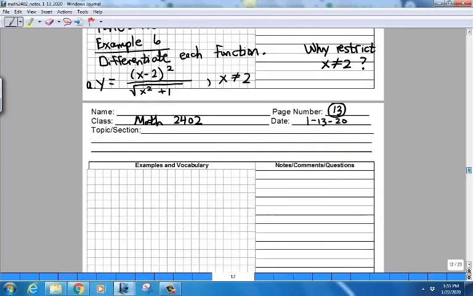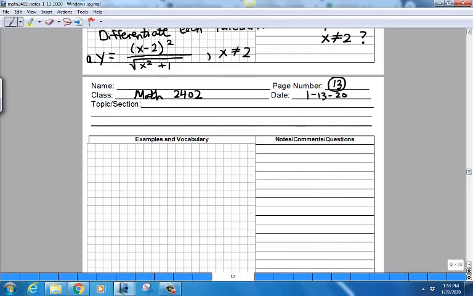Now, here's how I'm going to do this. I'm going to pull a little trick to start with. Since this is an equation, I'm going to start by taking the natural log of both sides. Not differentiate both sides, I'm going to take the natural log of both sides of this equation.